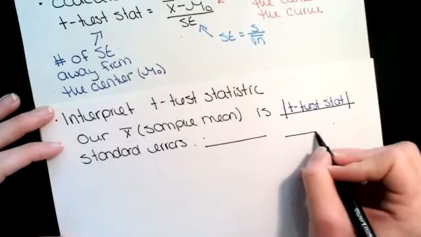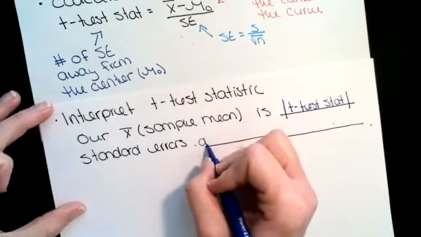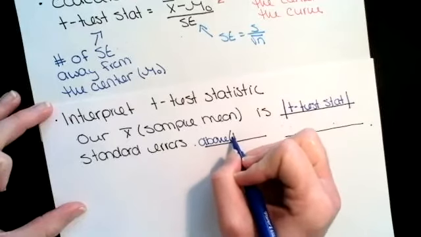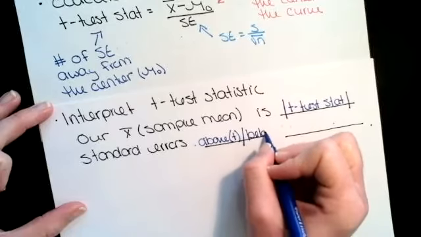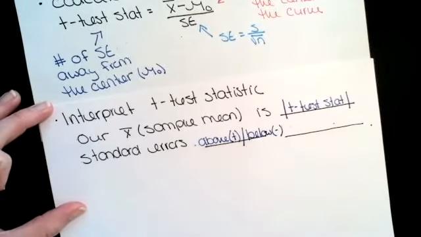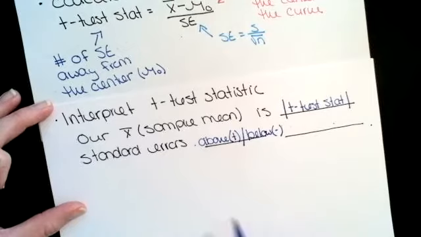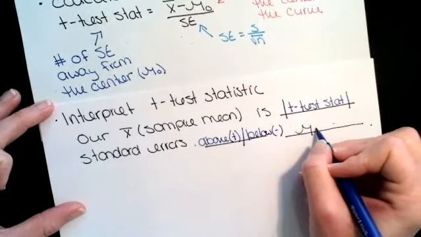Now, I've got two more blanks here. It's going to be above or below. Above meaning my test statistic is positive. Below would mean my test statistic is a negative value, which we'll know because we calculated it first. And it's above or below our center, which is our mu naught value.